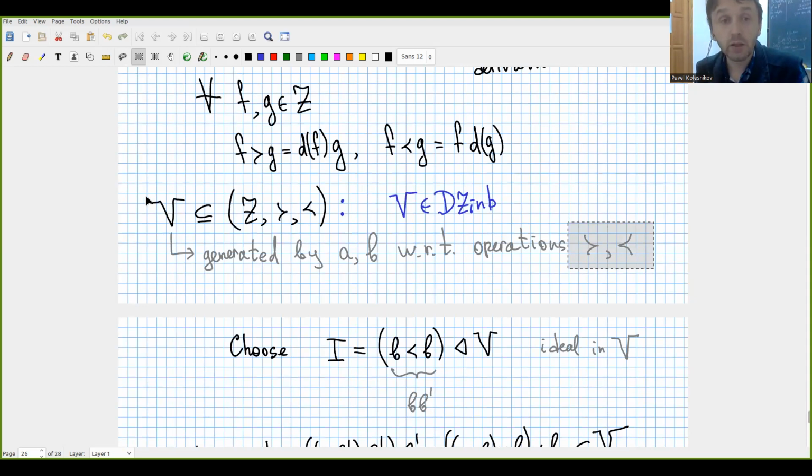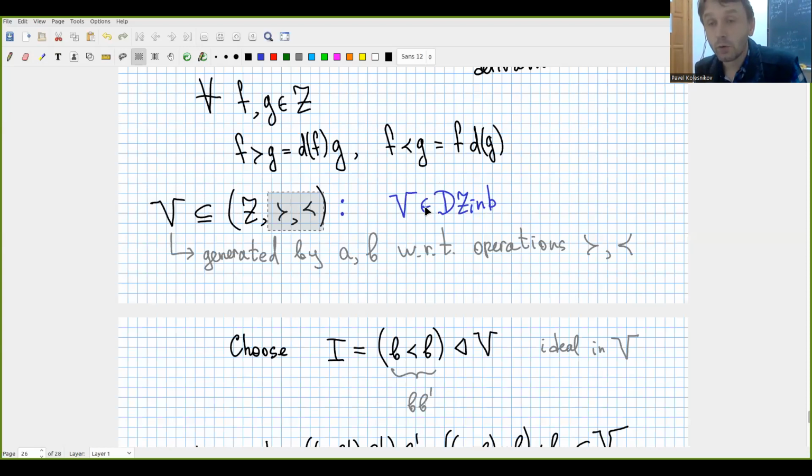What we obtain would be a free derived Zinbiel algebra, because we have no other identities apart from those that come from the free algebra. And then choose an ideal in this algebra generated by the square of B, which is equal to BB prime.